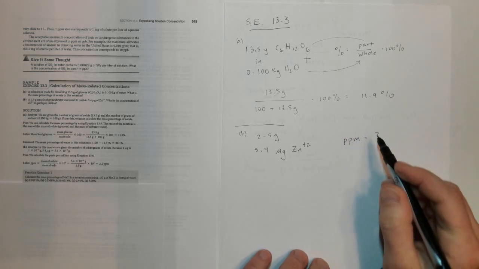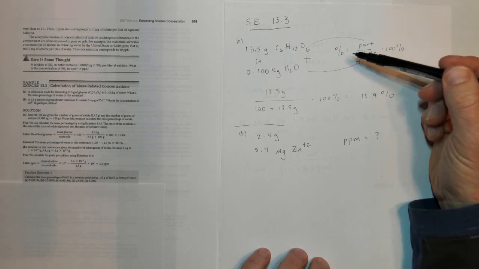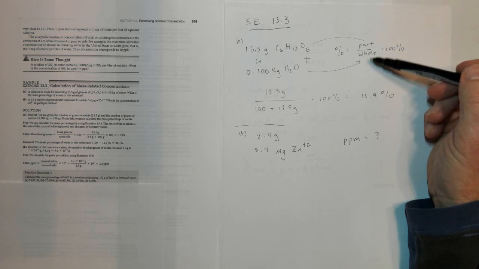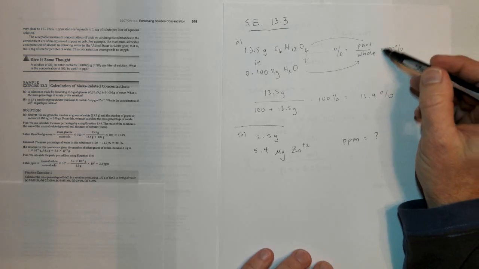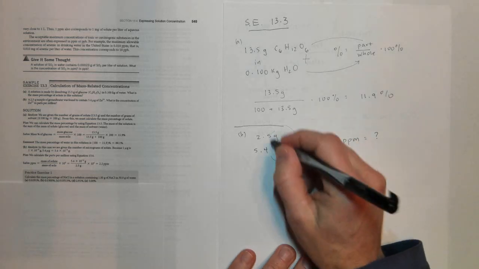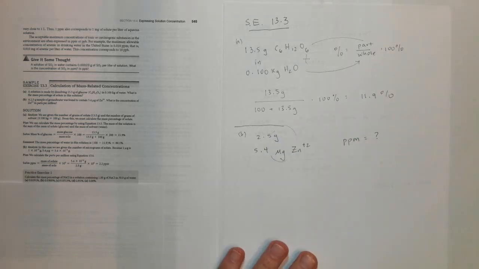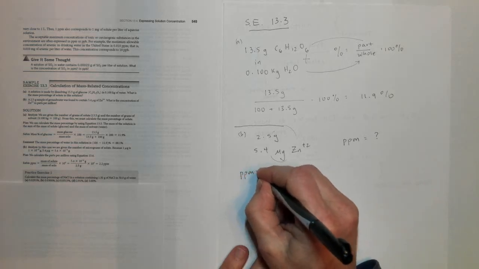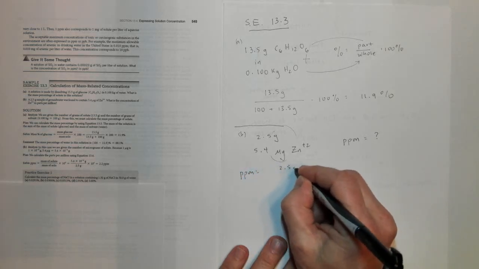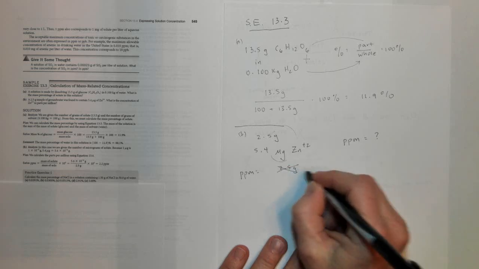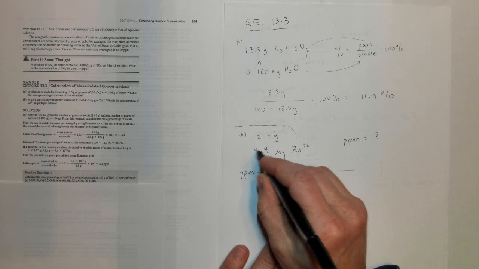Well, parts per million is the same as calculating mass percent of a solution, except we don't multiply by 100, we multiply by 1,000,000. So we need to get both of these into the same units and then divide them. So parts per million would be equal to 2.5 grams. Whoops, 2.5 grams is our total. I'm sorry, I've got to put the part on the top.